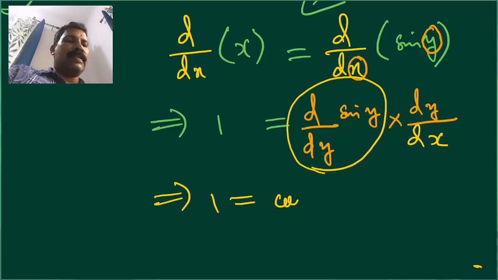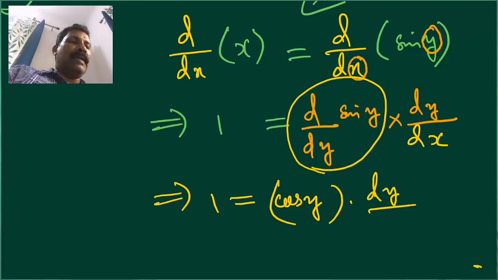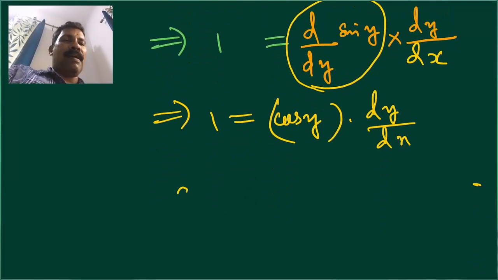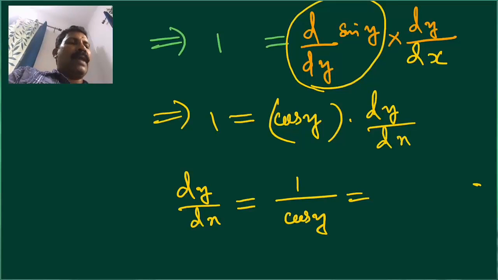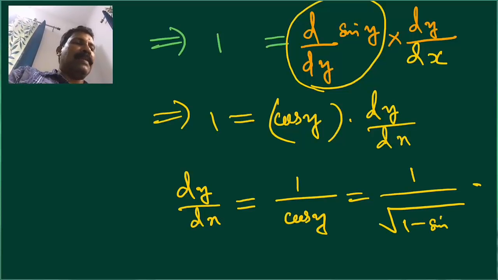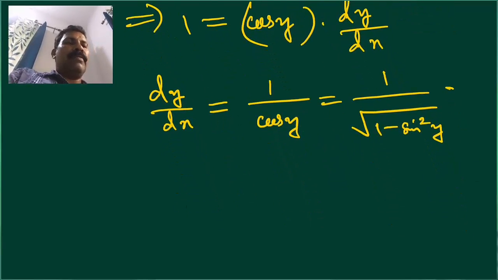Then which implies 1 is equal to. Now what about the derivative of sine y? That is very simple. So you can write cos y into dy by dx. So from this equation we can write dy by dx equals 1 by cos y. We can go back in terms of sine, that is 1 by square root of 1 minus sine squared y only, according to trigonometry.